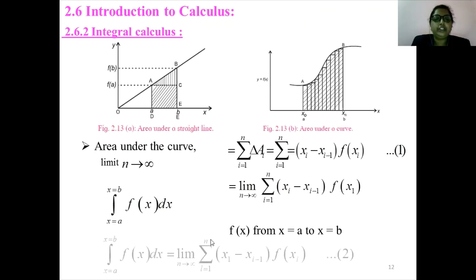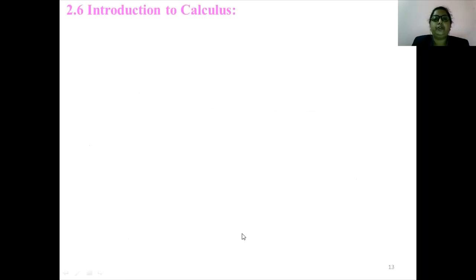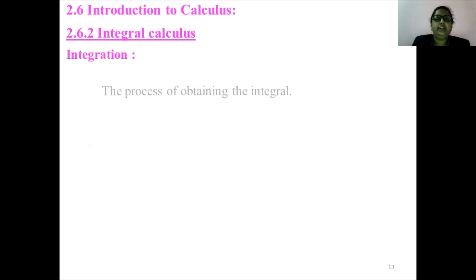Thus, integration from a to b of f of x dx is equal to limit n tends to infinity, summation of i equal to 1 to n, (x i minus x i minus 1) f of x i. The process of obtaining the integral is known as integration.